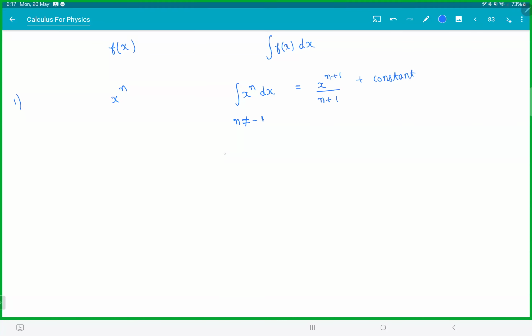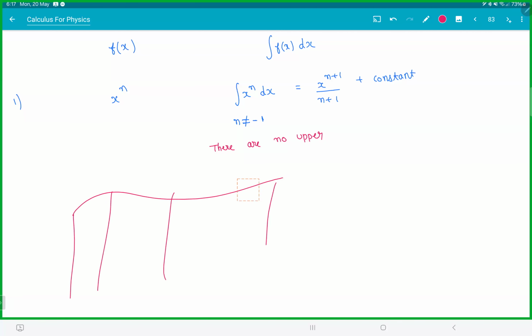This kind of integration is called indefinite integration. If you observe here, there are no limits, there is no upper and lower limit. That means you're not telling me to find the area from where to where. You gave me a curve and you didn't tell me where you want the area from and to.